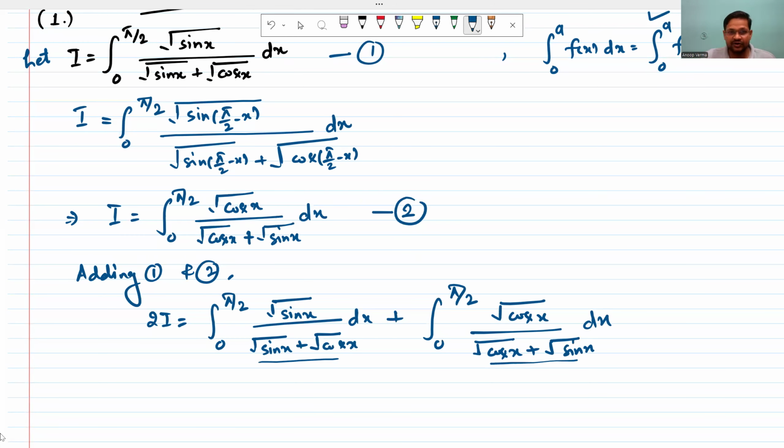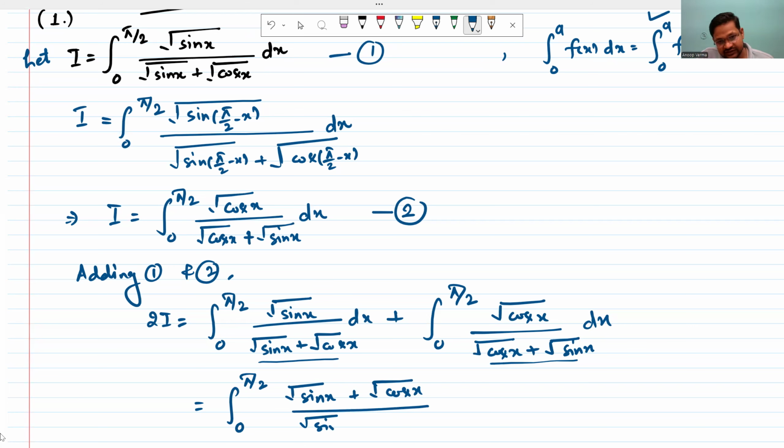Okay, so you can add because the limits are the same, so you can add these two integrals from 0 to pi by 2. So you can write root of sin x plus root of cos x in the numerator, because the numerators will be added and the denominator is the same, root of sin x plus root of cos x.